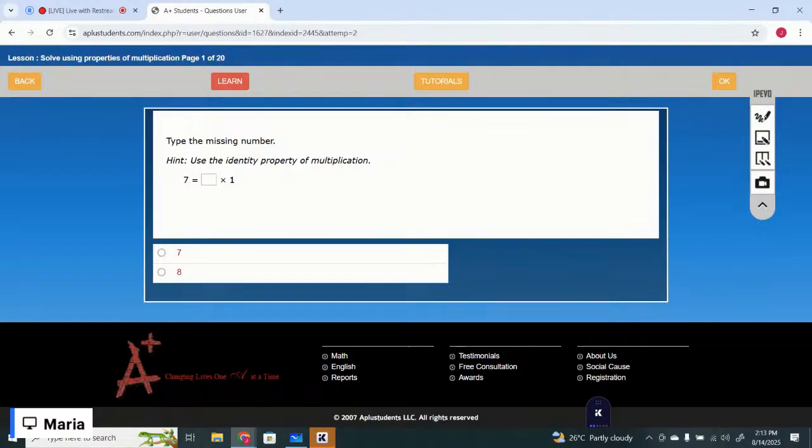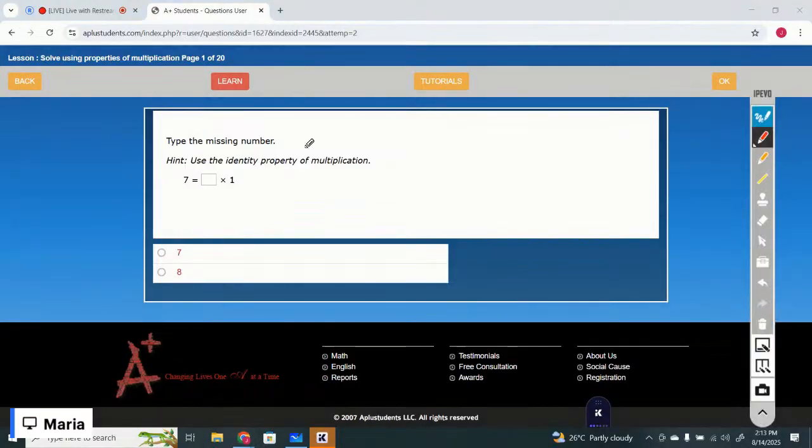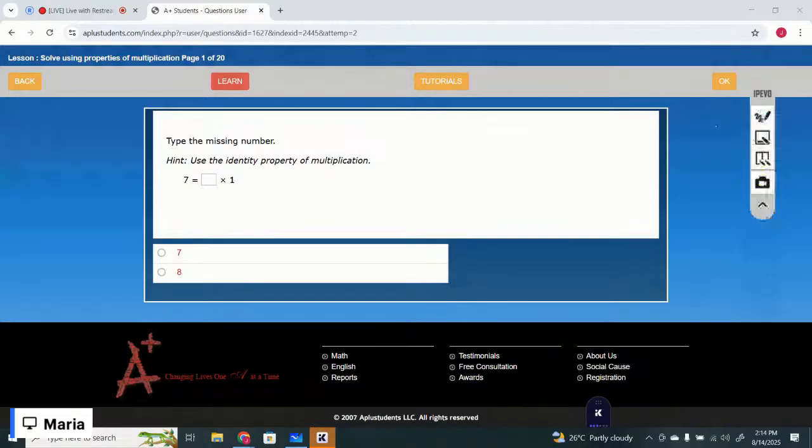We are going to use the identity property of multiplication over here. So option number 1 is the correct option. That is 7 times 1.